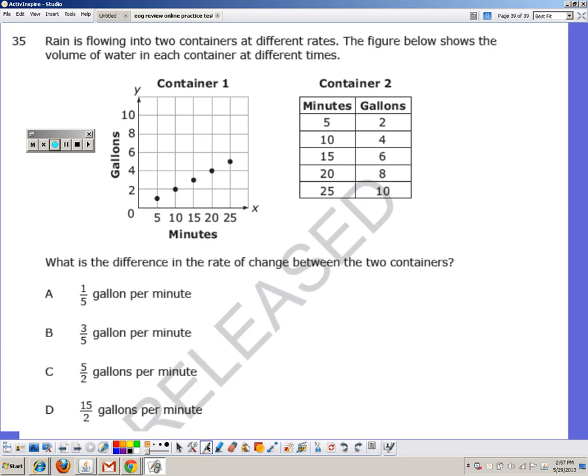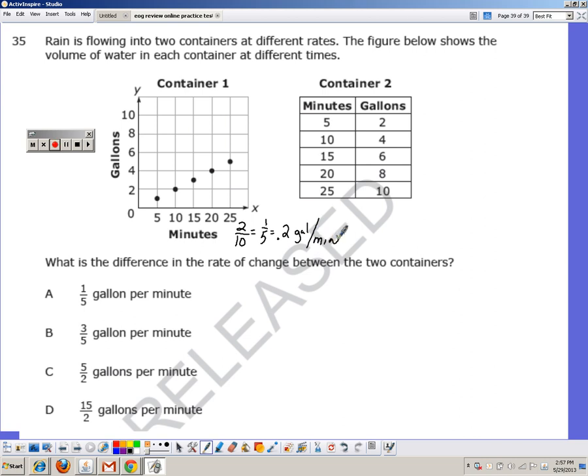In 10 minutes, we have 2 gallons. So we have 2 over 10, gallons per minute, which equals 1/5, or 0.2 gallons per minute.